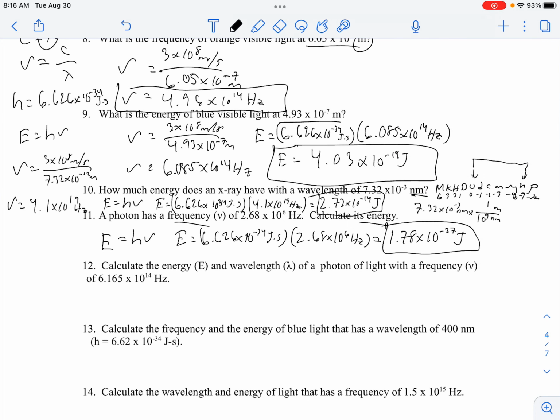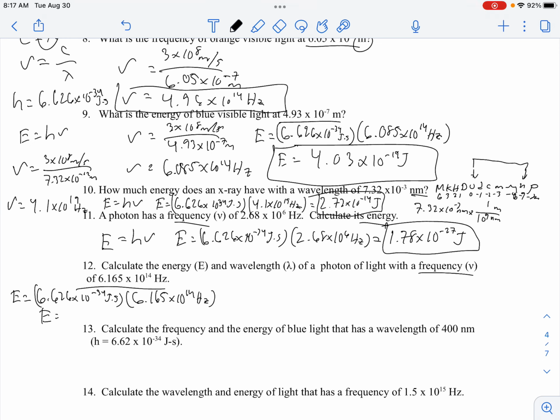Next, calculate energy and the wavelength of a photon with a frequency of that. Let's do energy first since that one's easier. E equals 6.626 times 10 to the negative 34 joules second, and the frequency you can plug straight in.